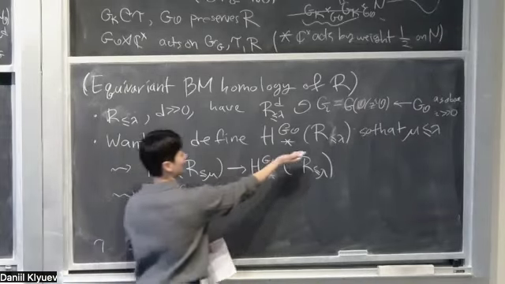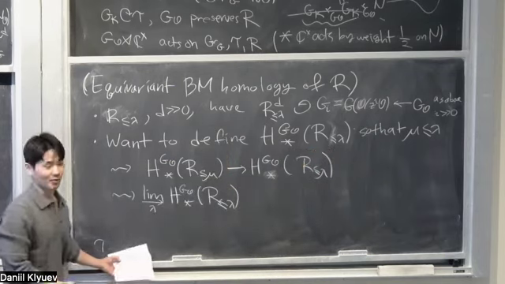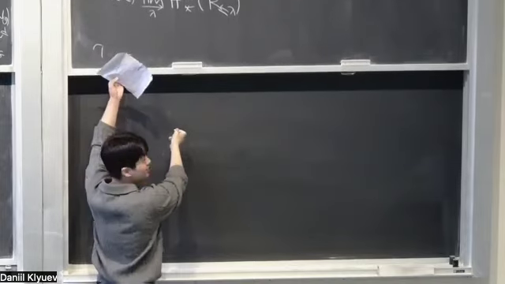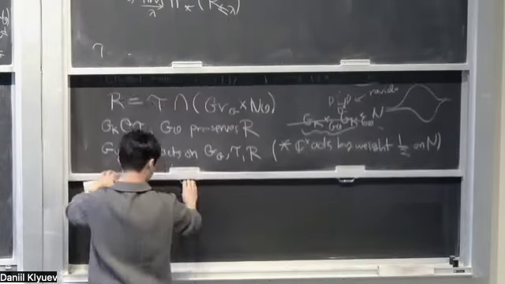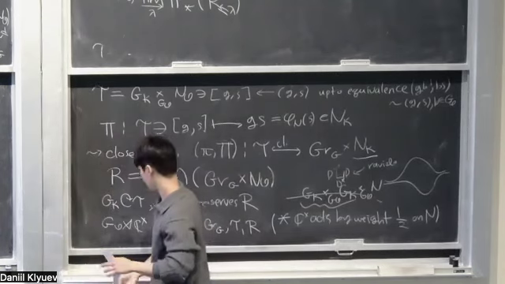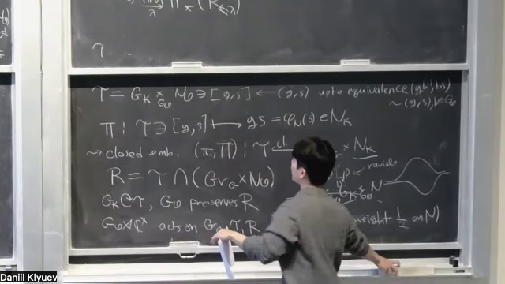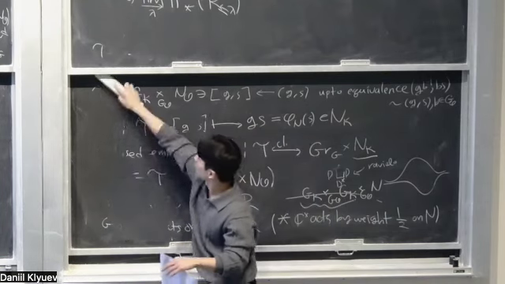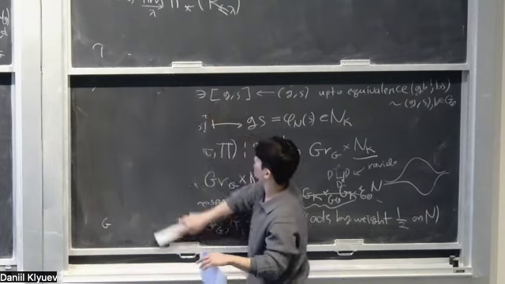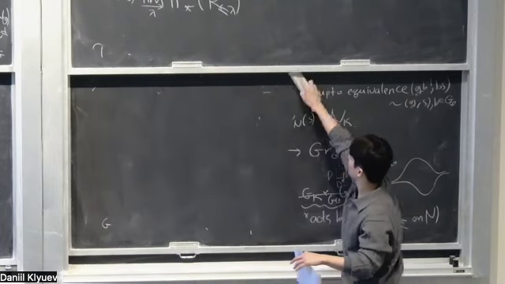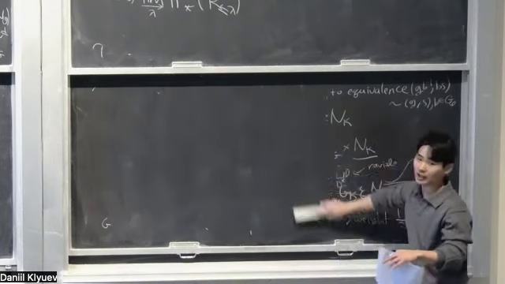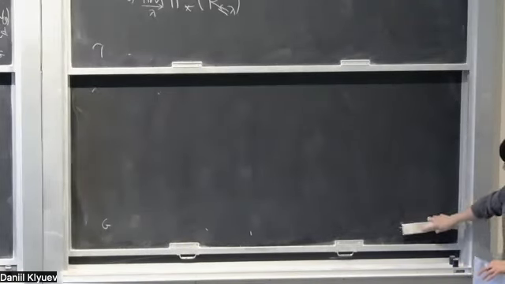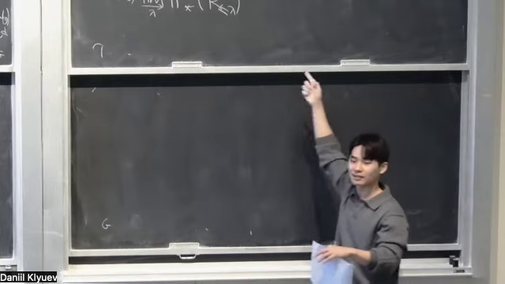So I have to define these less than lambda parts. We need to have maps this way, and we want the direct limit of that to be the Moore homology of R. In the end, we want to define the one for all, without lambda.